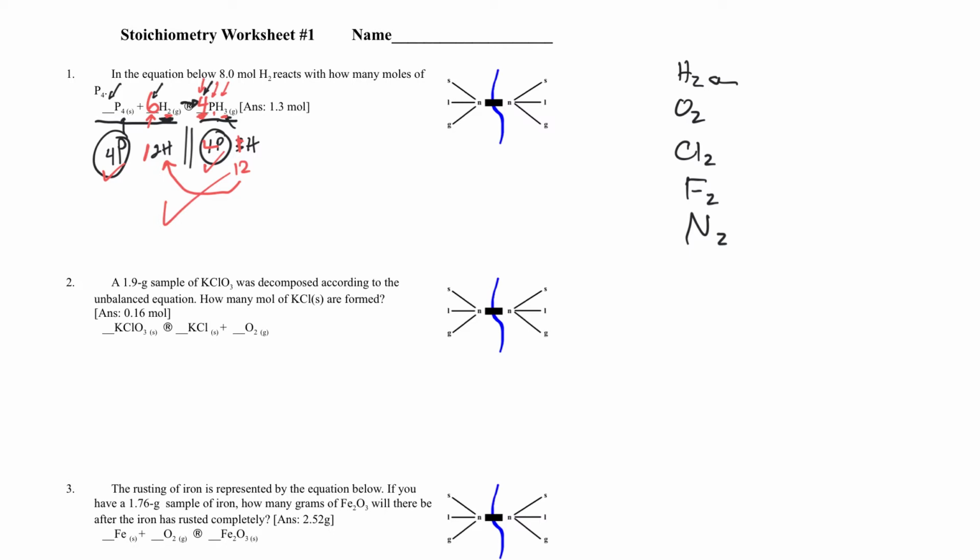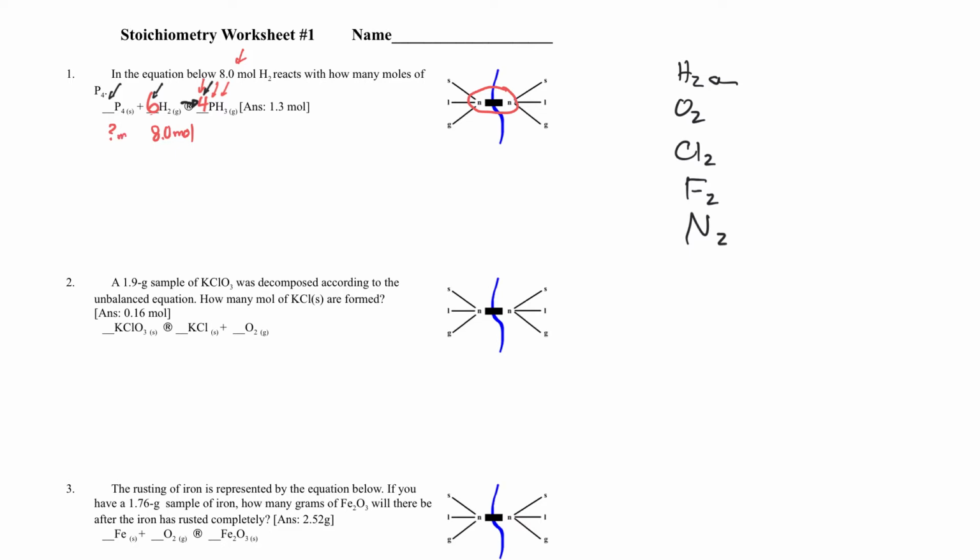Now to do the stoichiometry for this particular question, let me erase all my stuff below here. Now that I have a balanced chemical equation, now I can cross the river, and that's this spot right there. So in this particular question, I'm starting with moles of hydrogen, 8.0 moles of hydrogen, and they want to know how many moles of phosphorus they're reacting with.